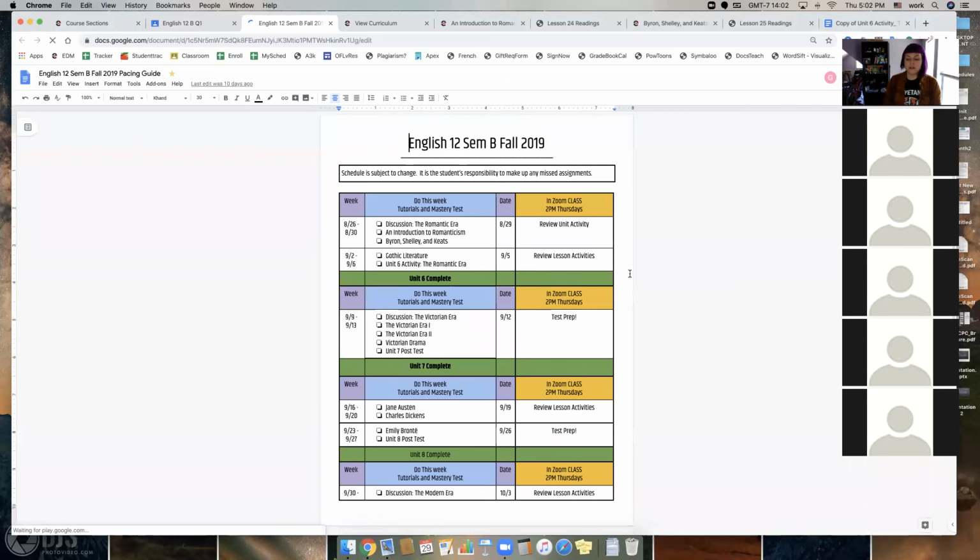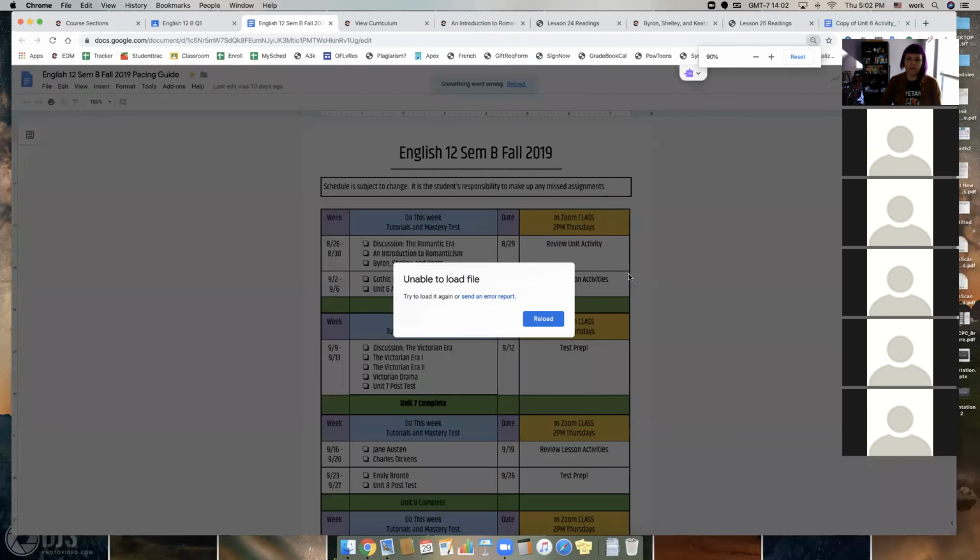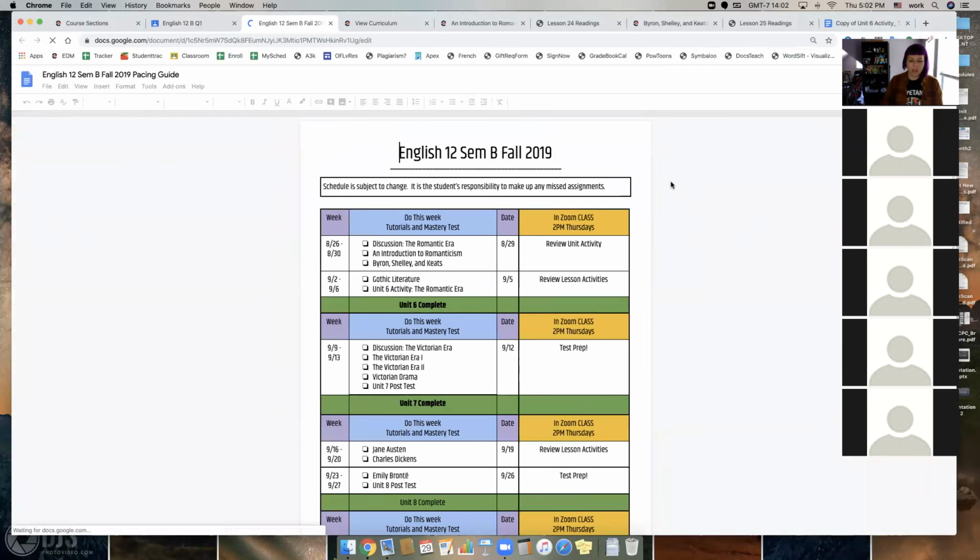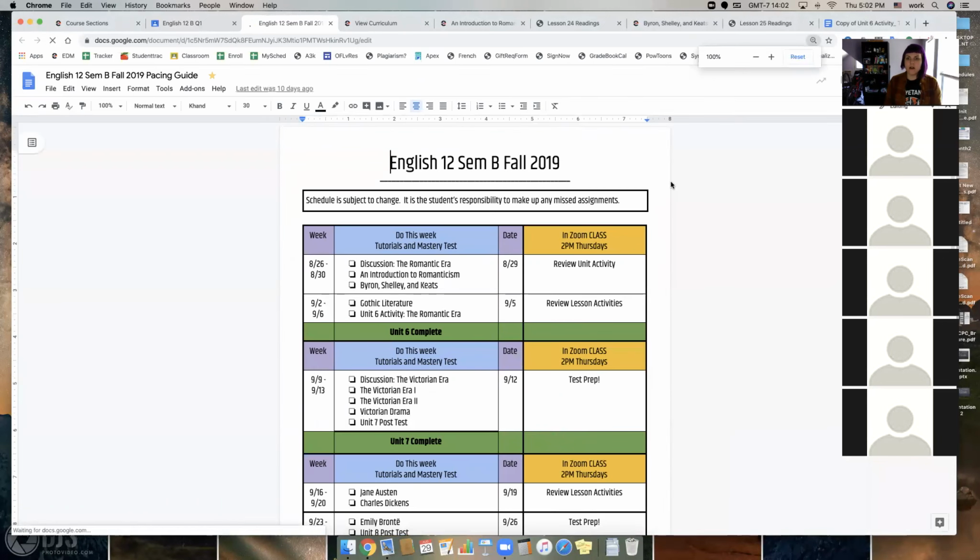If you haven't taken a look at the pacing guide yet, please do so. But I'd like to explain how I want it used. Where it says do this week, tutorials and mastery test, because we're meeting on Thursdays, especially in the afternoon near the end of my day, I want you to try and have everything in the do this week done before we come to class.